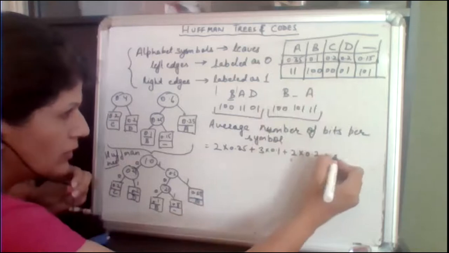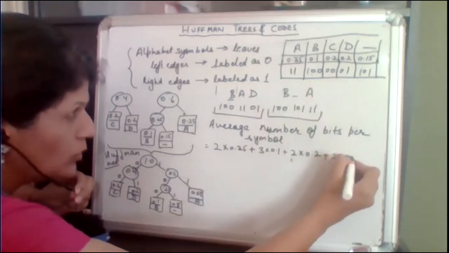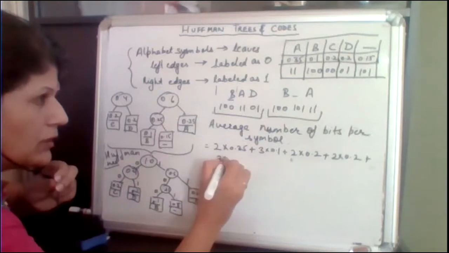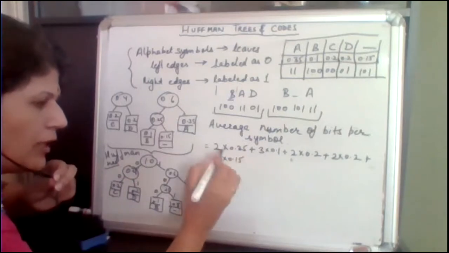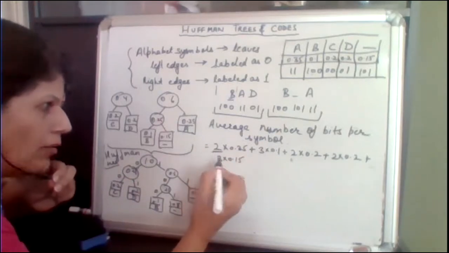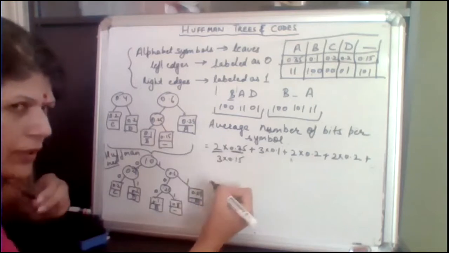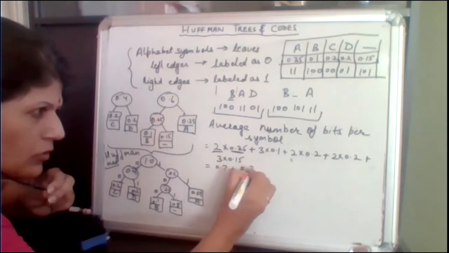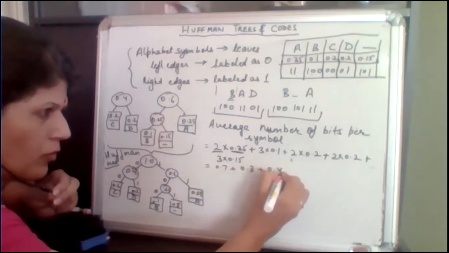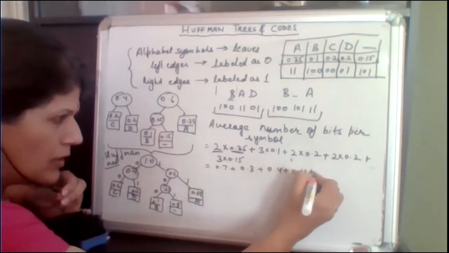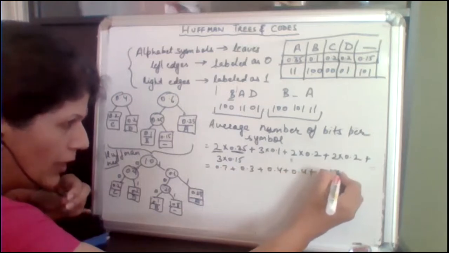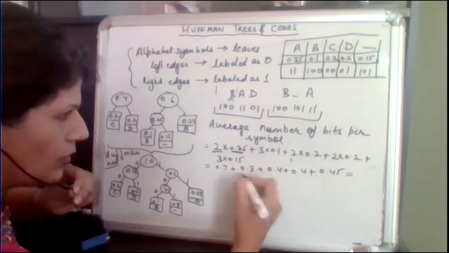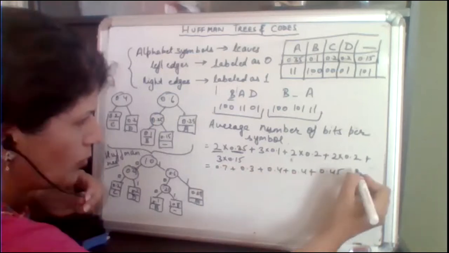Again, D is appearing with 2 bits, so 2 into 0.2, plus underscore, which has 3 bits, into 0.15. So what I have here is the number of bits into the frequency. This will be 0.7 plus 0.3 plus 0.4 plus 0.4 plus 0.45, which will be equal to 2.25.